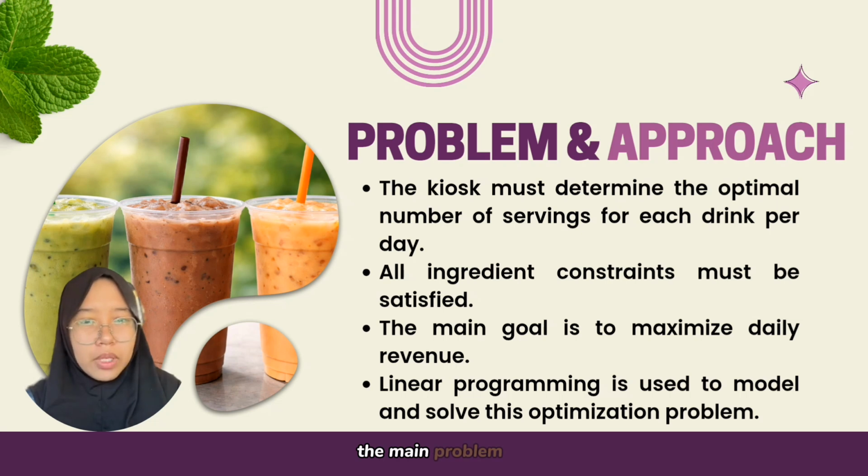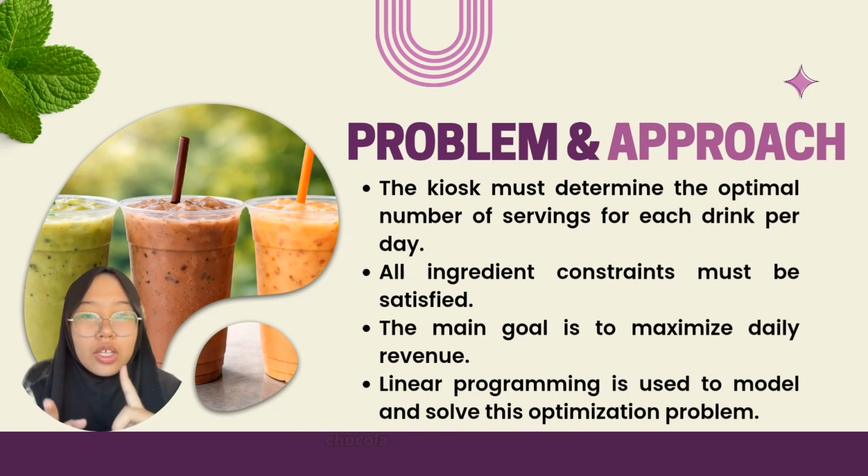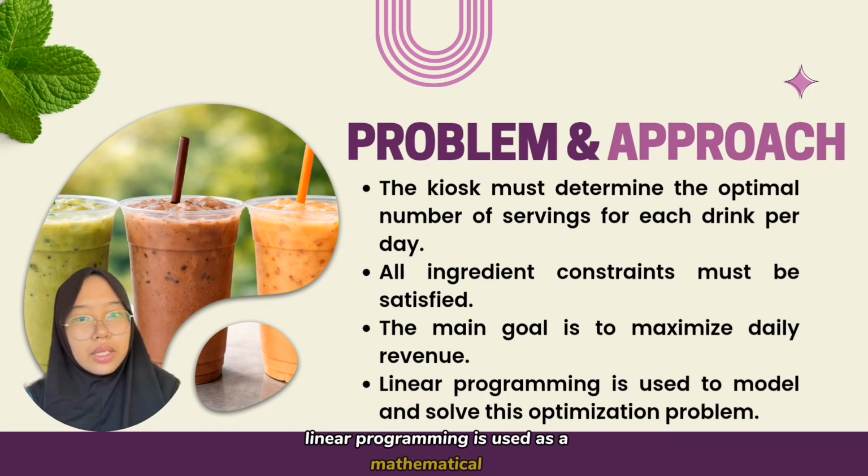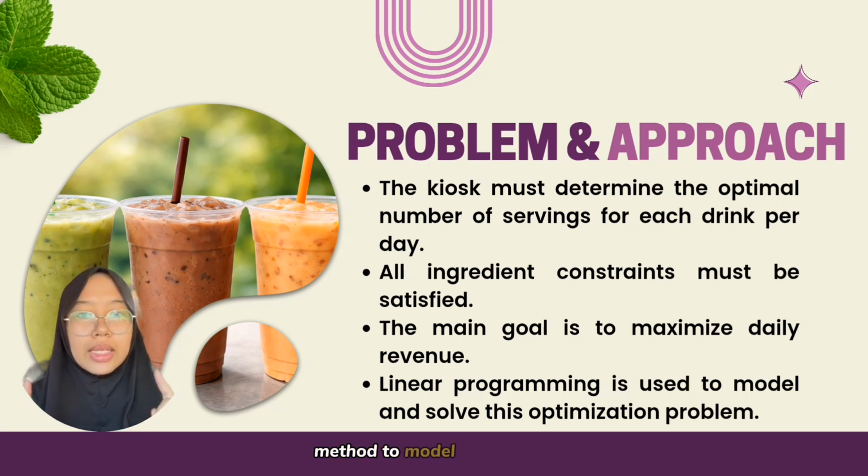The main problem is to find the optimal combination of green tea, chocolate, and iced tea that satisfies all ingredient constraints while maximizing daily revenue. In this project, linear programming is used as a mathematical method to model the situation and help the kiosk make better production decisions.